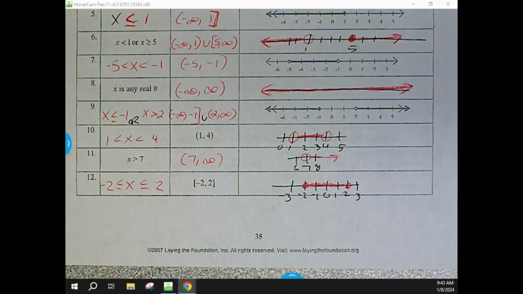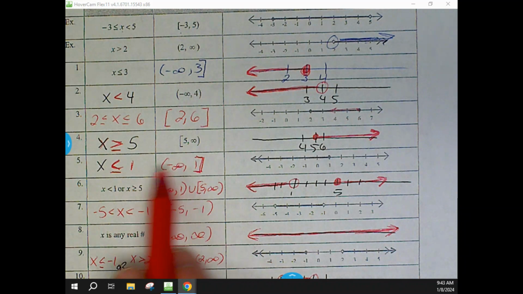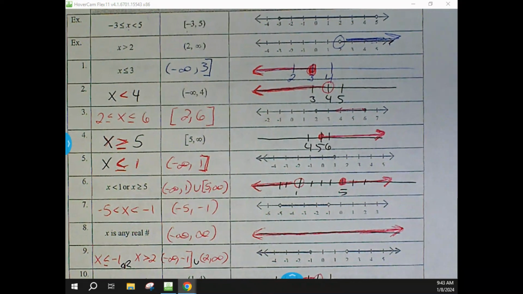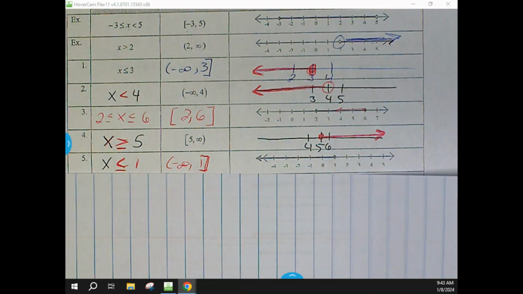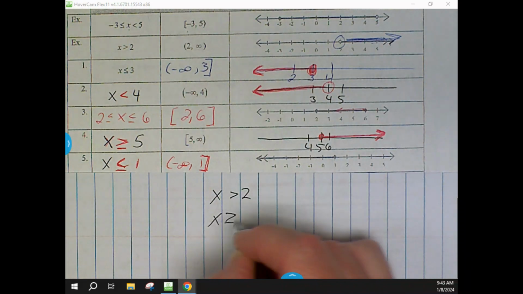All right, and for the people who are wondering why we always use parentheses with infinity, you may be going back up here to this one, where with number 5 or number 4, we've got greater than or equal to. We're using a square bracket on this number, and you may be wondering, well, why are we not using a square bracket with the infinities on that part? If you remember, with the open circles up here, the difference is that x was greater than 2 or x was greater than or equal to 2.